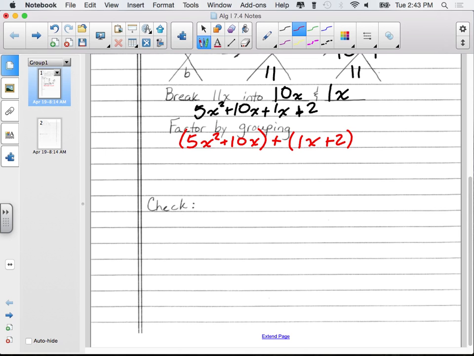Common factors. We find the greatest common factor of each group, right? So this first group, what is the GCF of 5x squared plus 10x? 5x. We can factor out a 5x from both terms, and what are we left with? x plus 2.